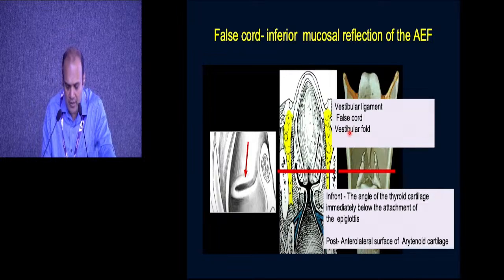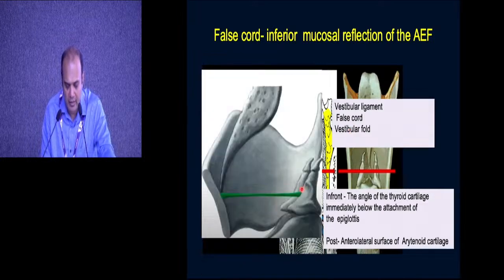It is anteriorly connected, this is in front, at the angle of the thyroid cartilage. This is the epiglottis getting attached to the thyroid cartilage by the thyroepiglottic ligament. Just below that, at the level of the angle of the thyroid cartilage, anteriorly, and posteriorly it is attached to the anterolateral surface of the arytenoid cartilage. So this is the false cord.